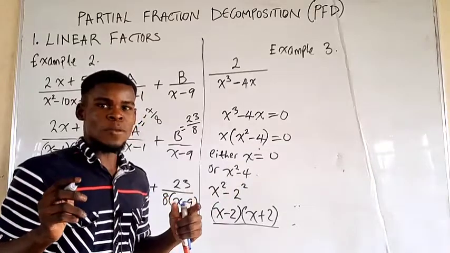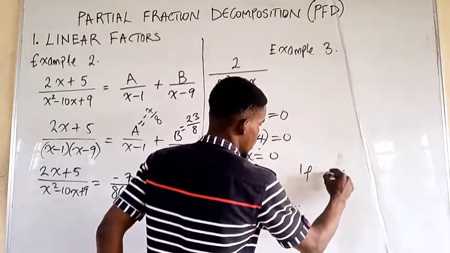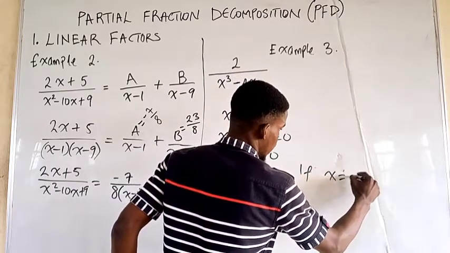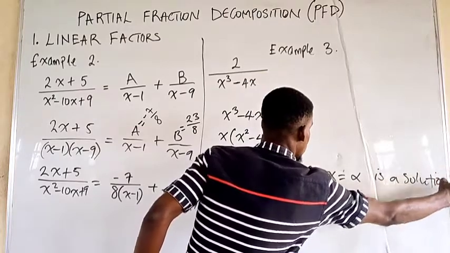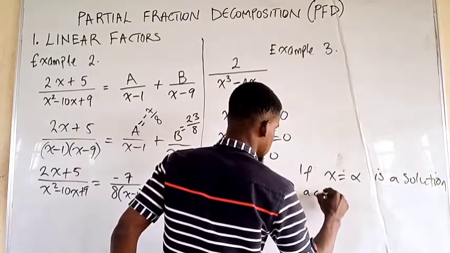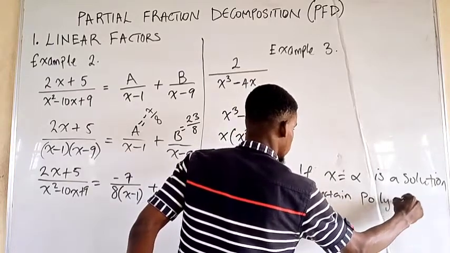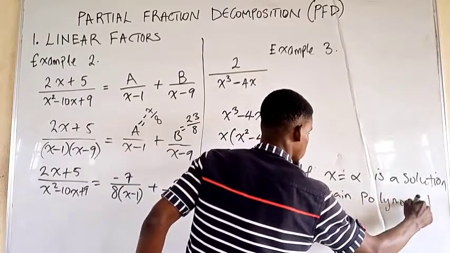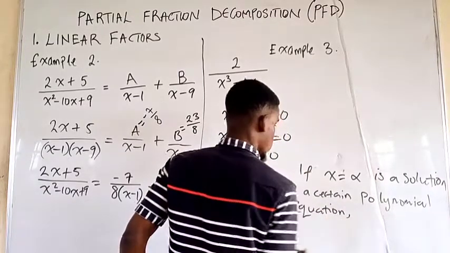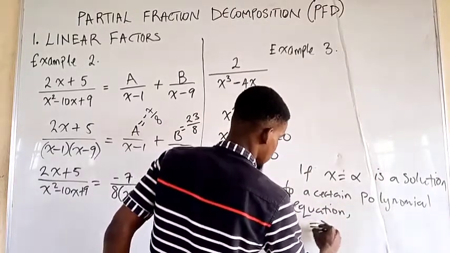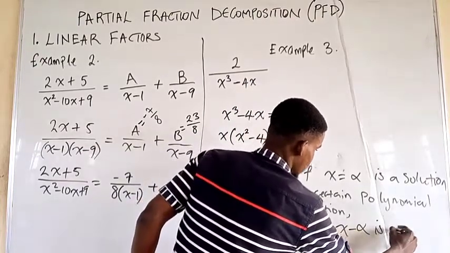Maybe there's something important I have to tell you. If x equals alpha is a solution to a certain polynomial equation, it implies that x minus alpha is a factor.